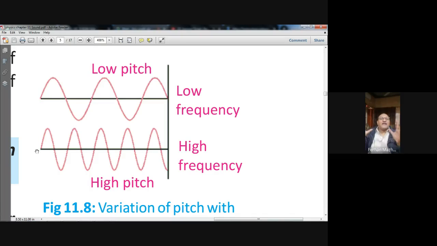So this is the main important aspect of this lecture: you should be able to understand how this graph is represented, how to read this graph, and how to conclude from it which sound wave has higher pitch and which has lower pitch.